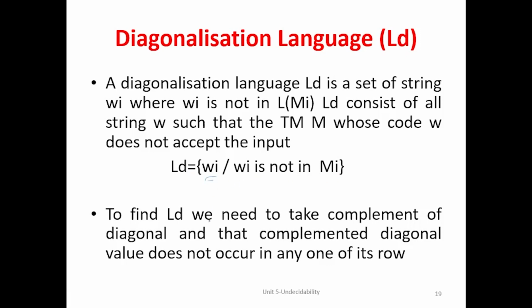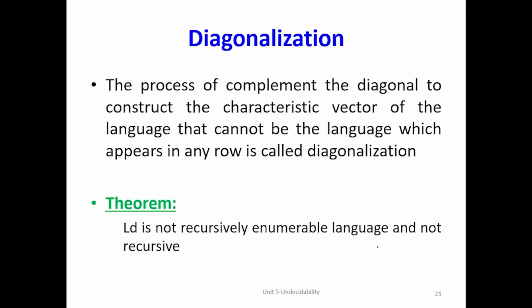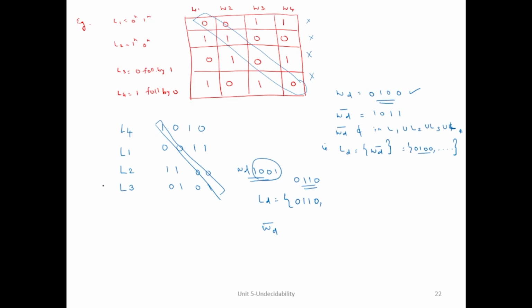How can we frame Wi? We need to take the complement of the diagonal, and that complemented diagonal value does not occur in any one of its rows. Like that we can form the diagonal values.